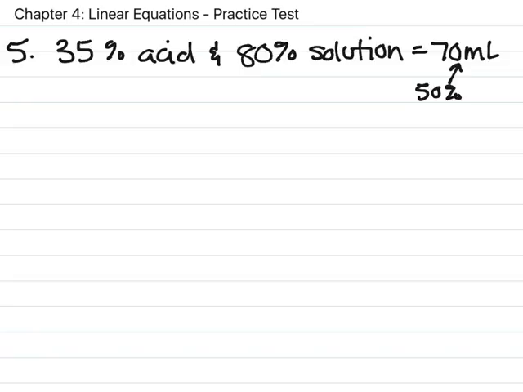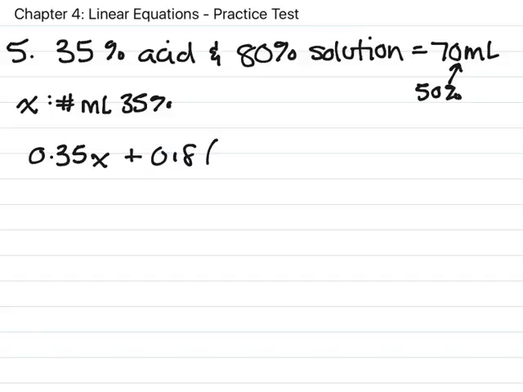So we're going to have x as the number of milliliters of the 35% solution, and we're going to use the equation 0.35 times x plus 0.8 times (70 minus x), which is going to equal 0.5 times 70.